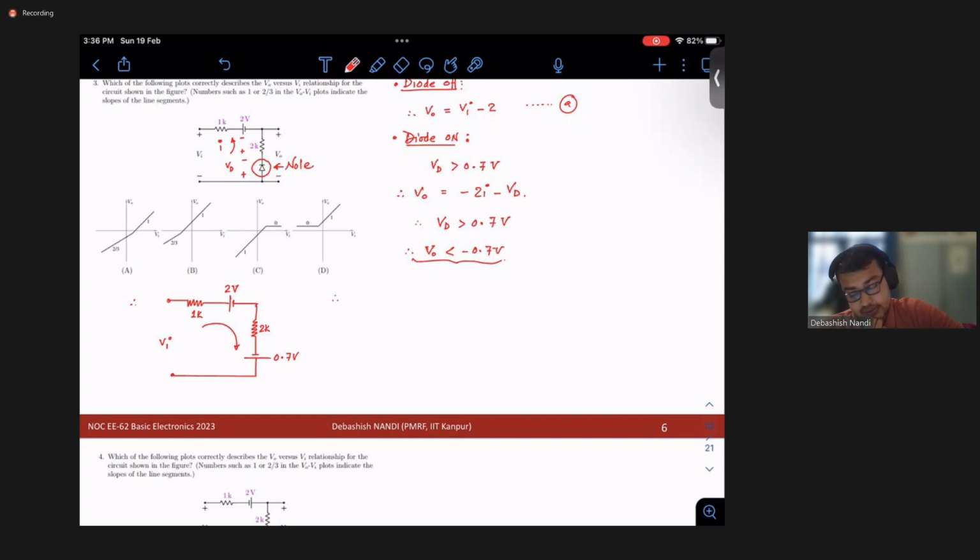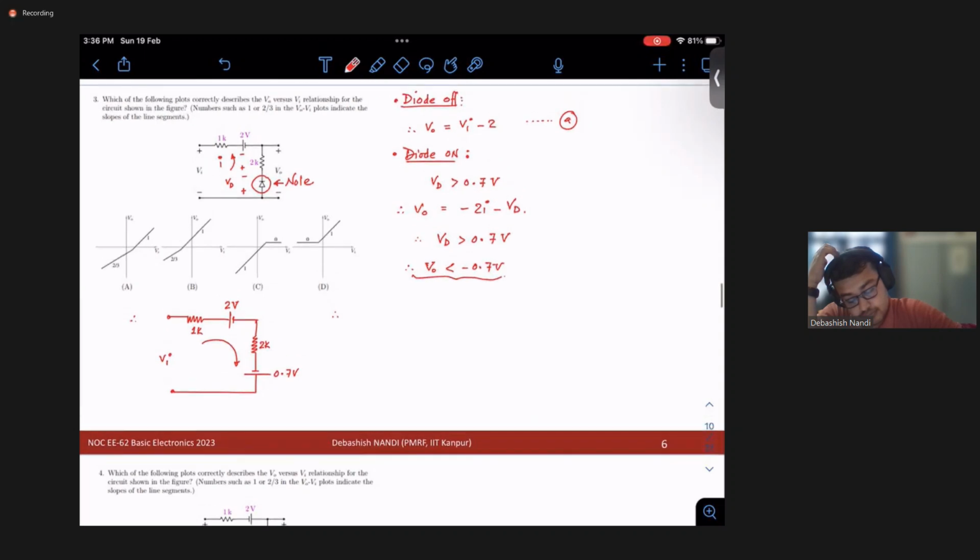For this to be forward bias, if this negative terminal is connected to the 2 volt, which is again negative, so this is negative 2 volt over here, minus 2. So to make it positive, the VD will be the V positive minus V negative.